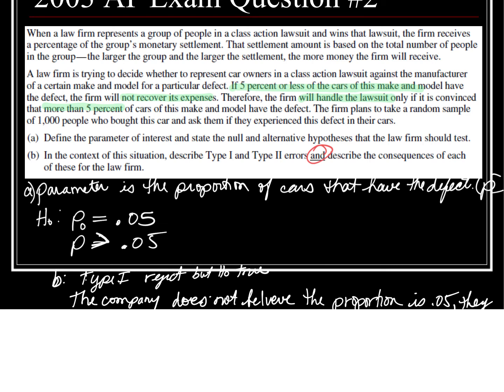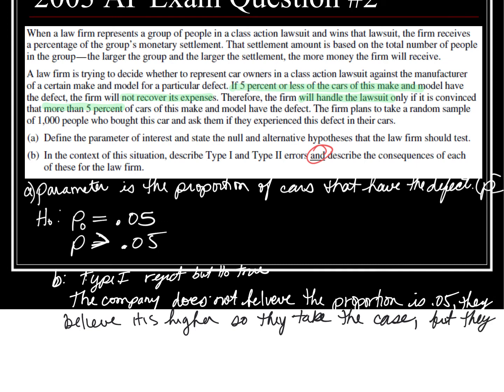They believe it's higher. So they take the case. But they are wrong. And the proportion is 0.05 or less.